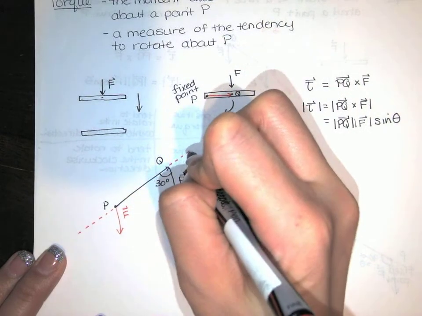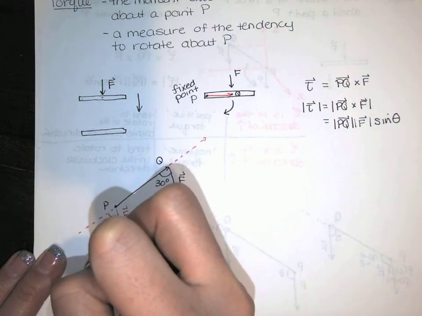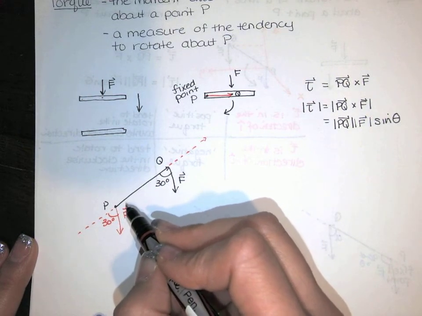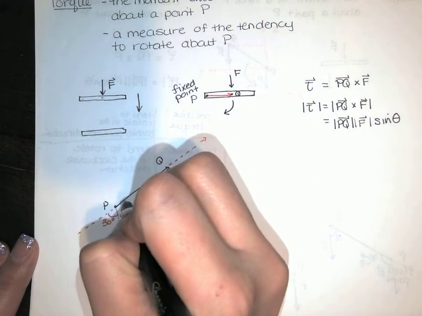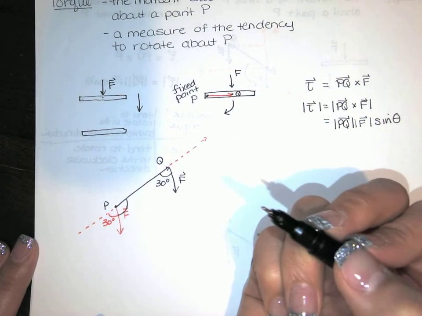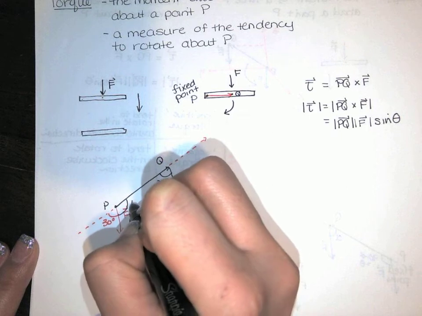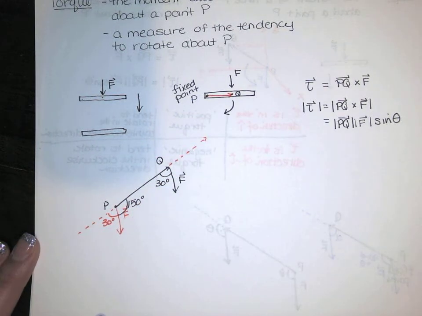Now if I draw that line that PQ is on, if that's 30, that means that's 30. And the angle between PQ and F isn't 30, it's this over here, it's everything else. And if that's 180 degrees, and we know it is, then this is 150 degrees.